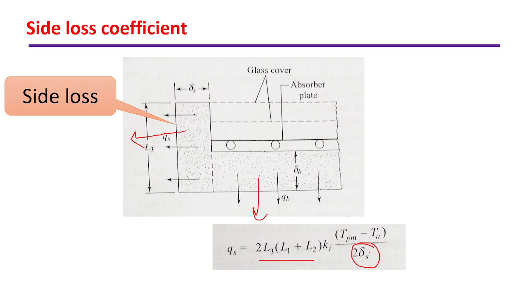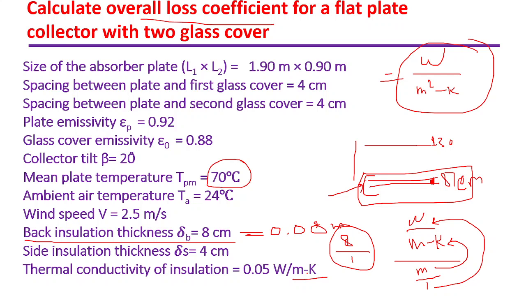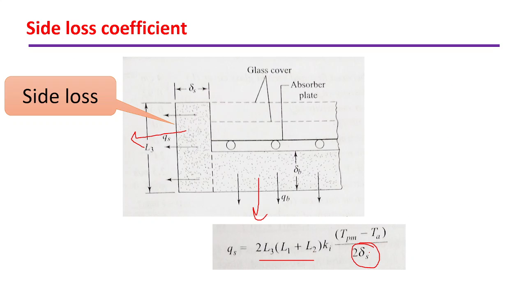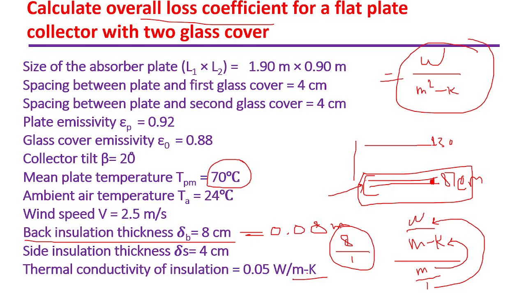Okay, let me know when you are done. Sir, done, sir. Okay, this is your problem. Then just put the values for L1, L2, L3, TPM, TA, and 2 delta S.